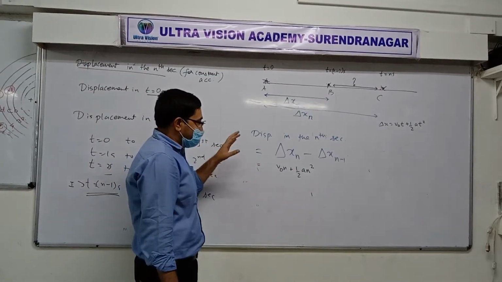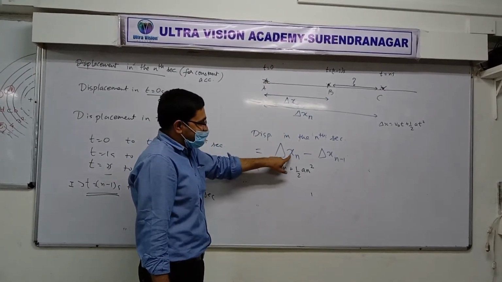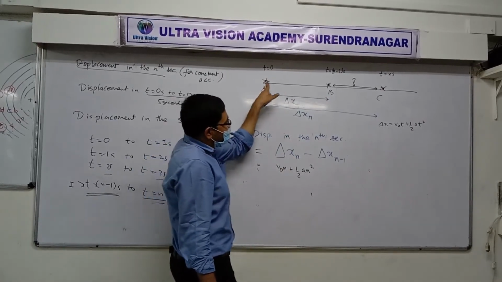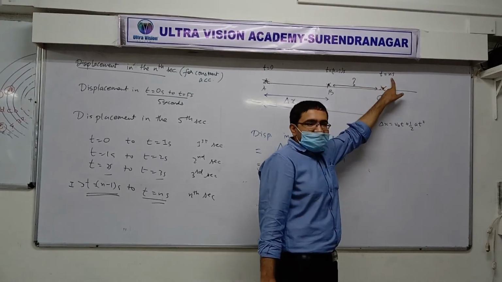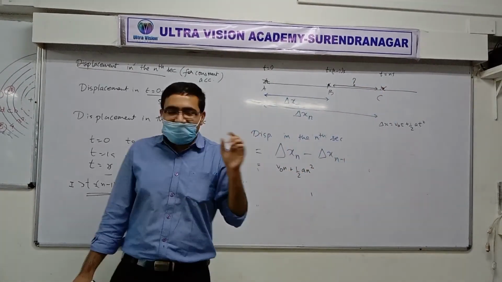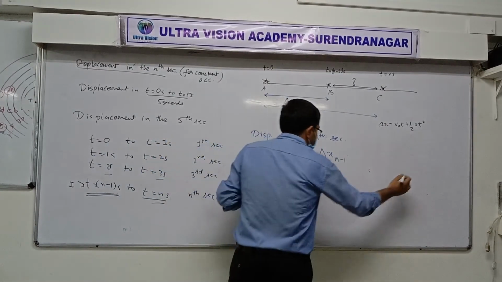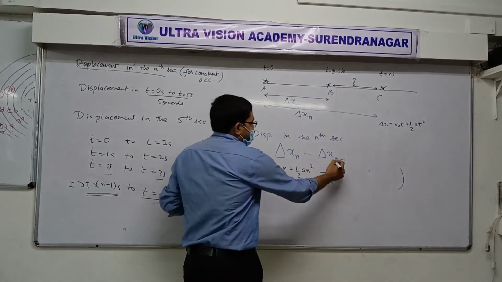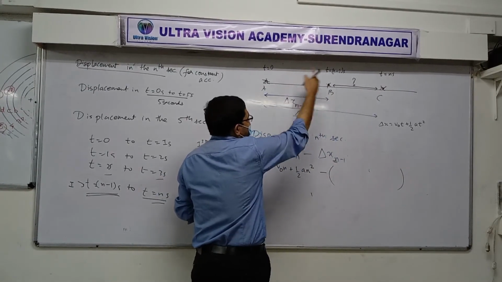I hope my mistake doesn't confuse you too much. Again, let's do it carefully. Delta x n means what? Displacement from A to C. So A to C, how much time interval? N seconds. So what should I write in place of t? N. Got it? Yes. Now minus 1. Now what should I write here? N minus 1, so from A to B. A to B, how much time interval?